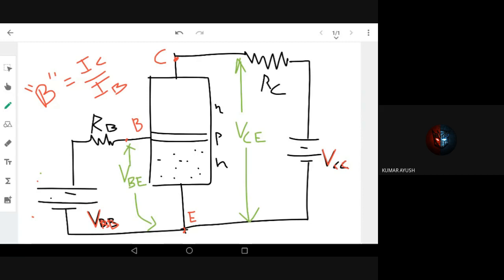The usual range is about 100 to 300. Note these points down, because these are common questions in the viva. You can write beta DC.